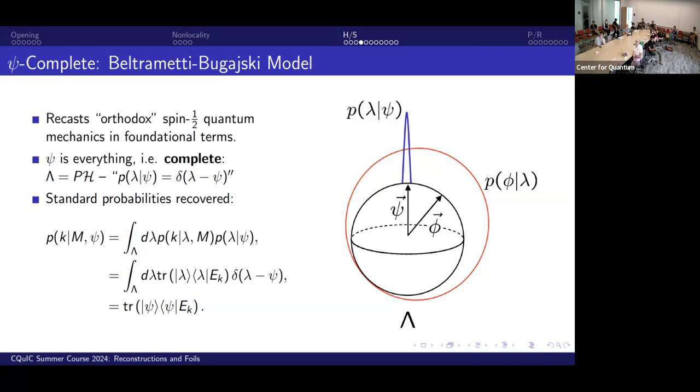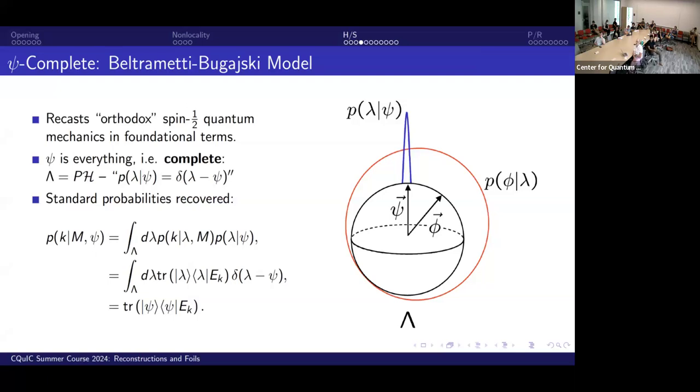The probability of having some specific ontic state given that wave function is the delta function, hence its shape is this big sharp peak here. You have a question of what's the probability of detecting some state B given that you prepare the ontic state lambda, which again is just psi. But that probability of doing that measurement is again just given by this trace of whatnot, and this will be related to a cosine function, essentially the cosine of the angle between these vectors.